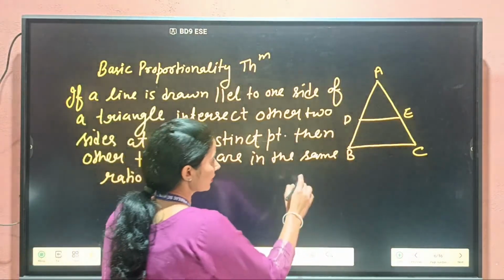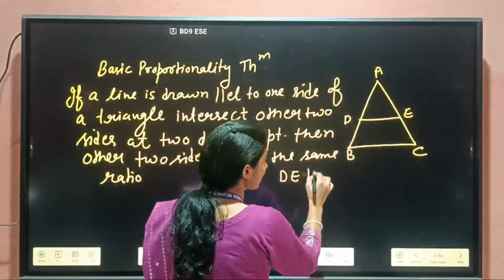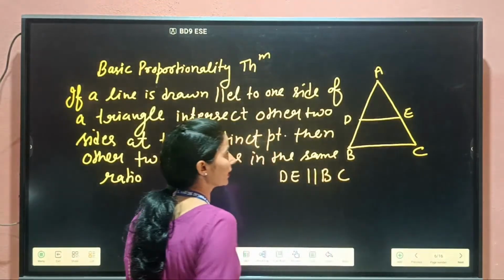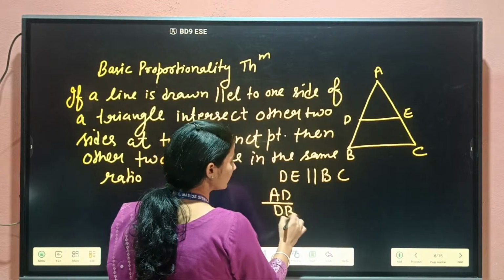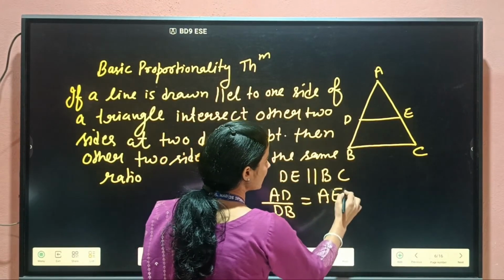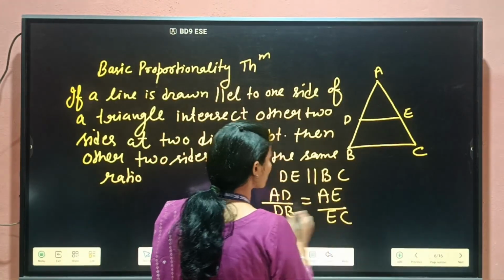Let us see. This DE is parallel to BC, then AD by DB equals AE by EC.